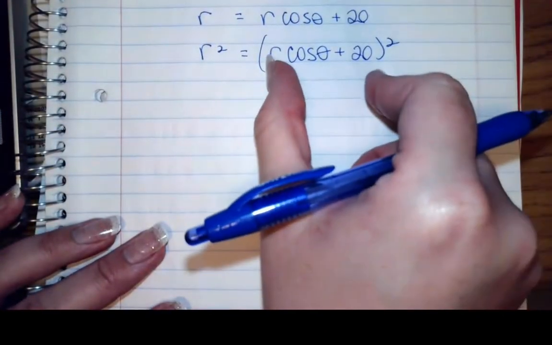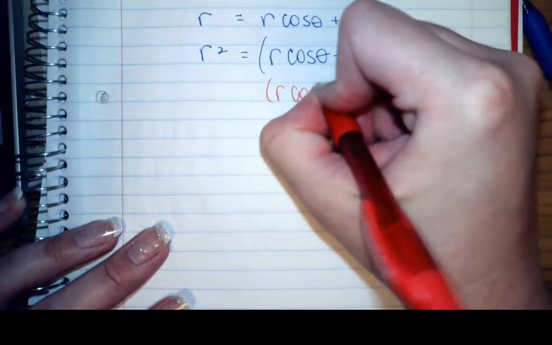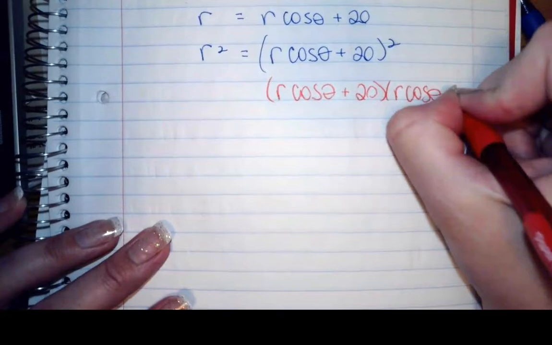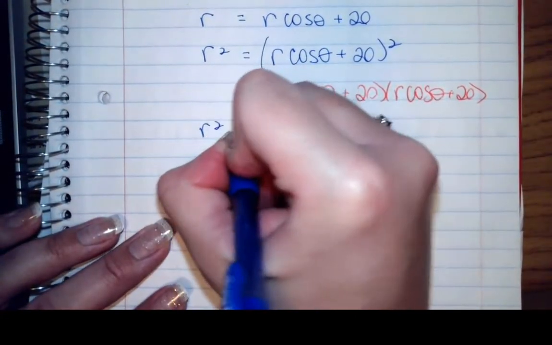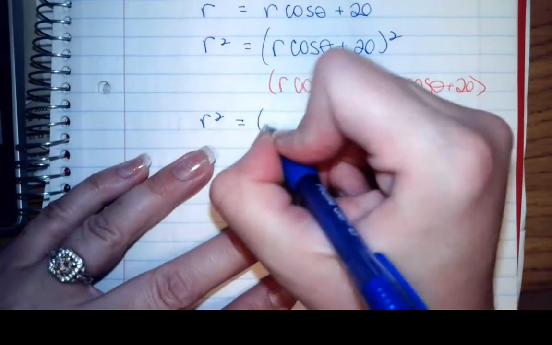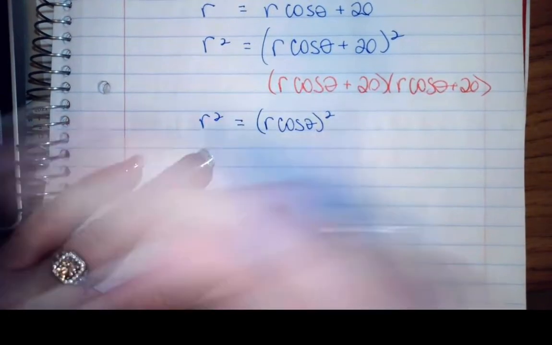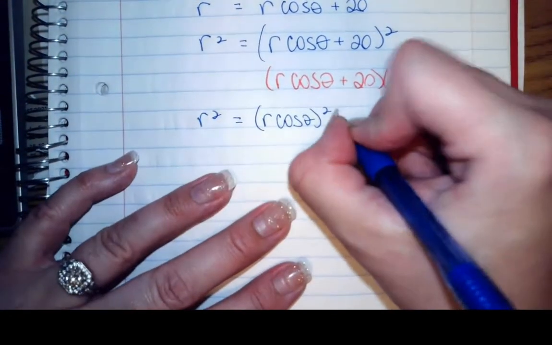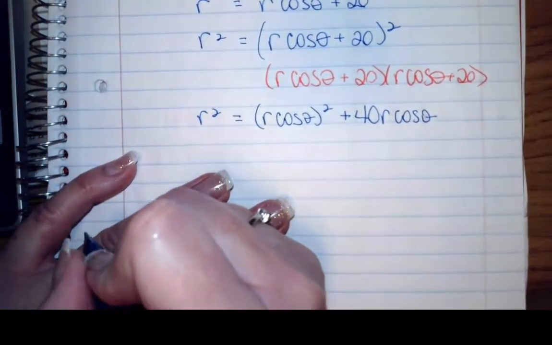So I'm going to go ahead and FOIL him out. Remember, you are foiling because that is the same thing as r cosine theta plus 20 times r cosine theta plus 20. So that's going to give me an r squared equals r squared cosine squared, which is going to be r cosine theta squared. And I'm going to have plus 20 of those things plus another 20 of those things gives me 40 of those things.